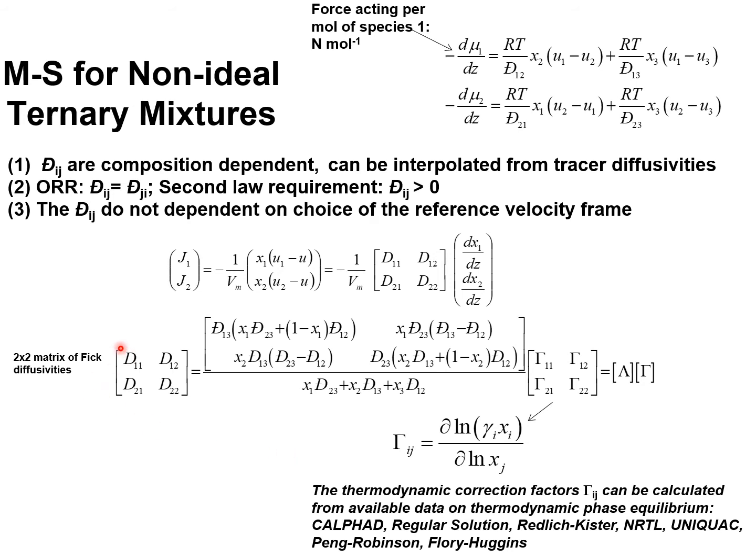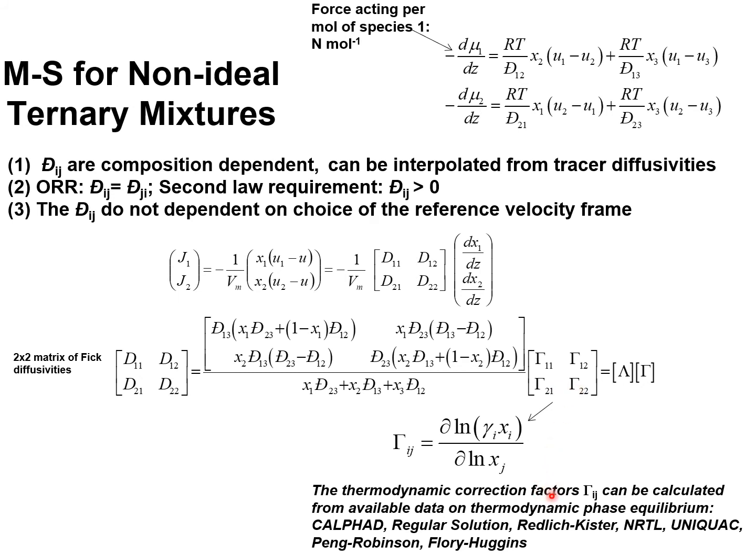The expression for the matrix of Fick's diffusivities can be derived, and this consists of a product of two matrices. The first one contains only the Maxwell-Stefan diffusivities, and this matrix is multiplied by another square matrix containing the thermodynamic correction factors gamma 11, gamma 12, gamma 21, and gamma 22.